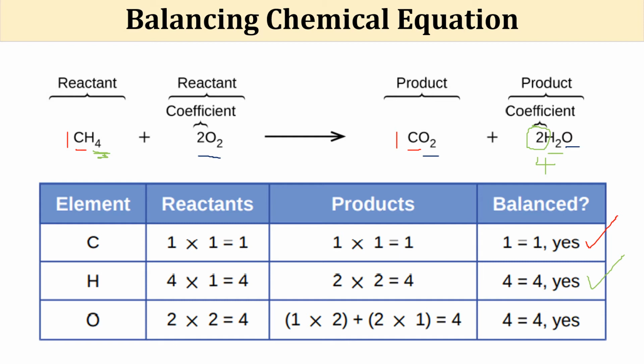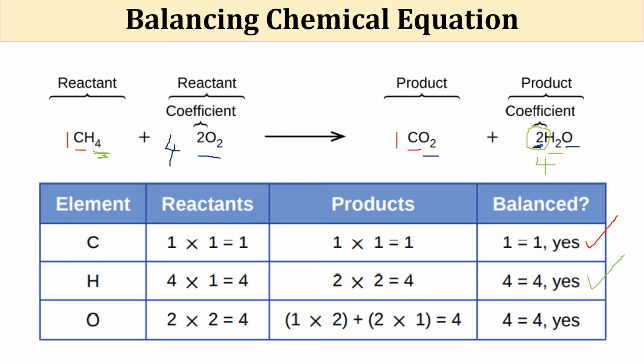So on the reactant side there are 4 atoms of oxygen present. As I said in the table, 2 times 2 is 4, and on the product side there are 2 atoms of oxygen in carbon dioxide and one oxygen atom in H2O, but we say that there are 2 molecules of water in the product. So 2 times 1 is 2.